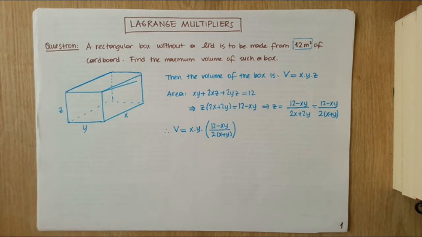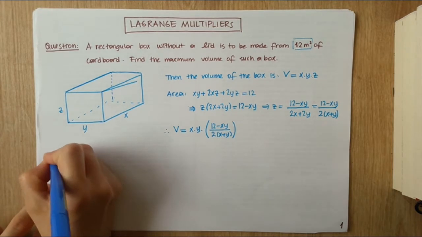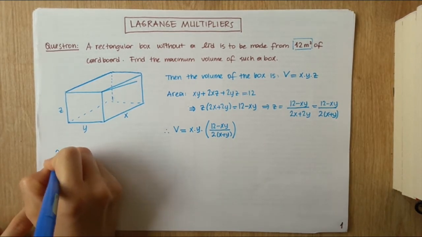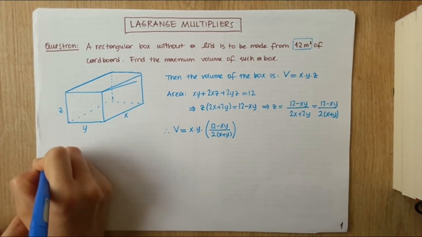So it means I can use the known idea for finding the absolute extrema of two variable functions here. To do this, I will first of all find the critical points of this function, and first we will evaluate the partial derivatives of this function.